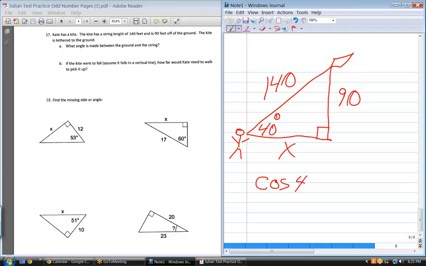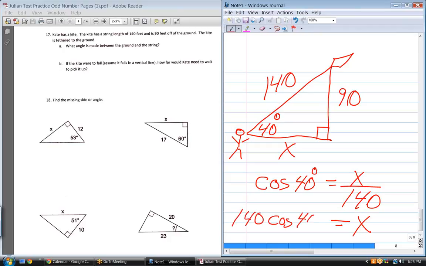Okay. So it's the cosine of that angle. Yeah. Cosine of 40 degrees equals what? Adjacent over hypotenuse. So which is what? Yeah. x over 140? Correct. Which makes x equal to 140 times the cosine of 40 degrees.